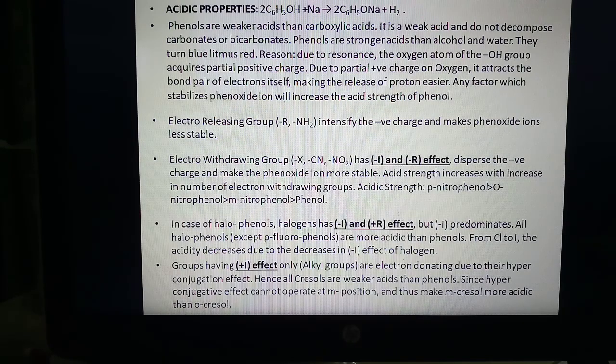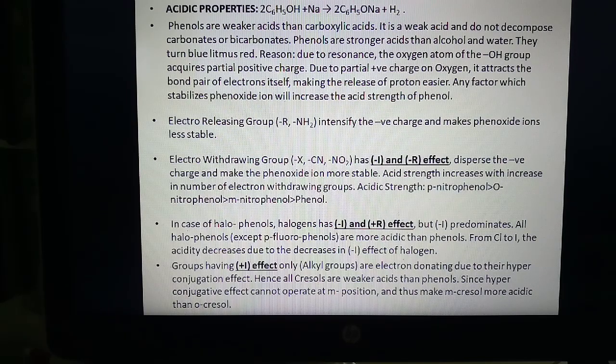What is the reason behind it? The reason is very simple. This is because of resonance. The oxygen atom of the OH group acquires a partial positive charge. Due to the partial positive charge on oxygen, it attracts the bond pair of electrons towards itself, because oxygen and hydrogen share a bond pair of electrons that is being pulled towards oxygen.